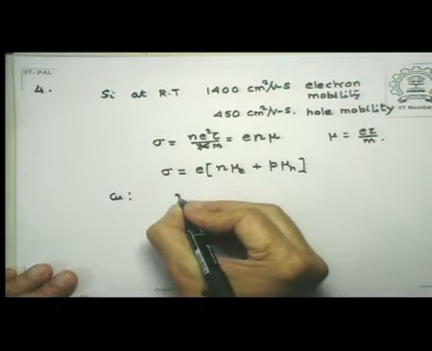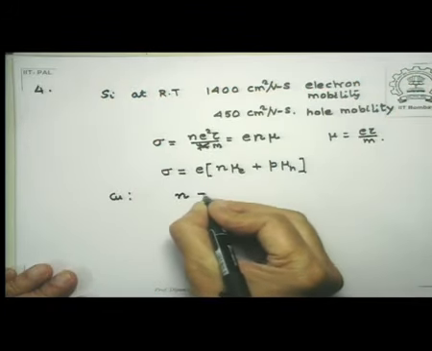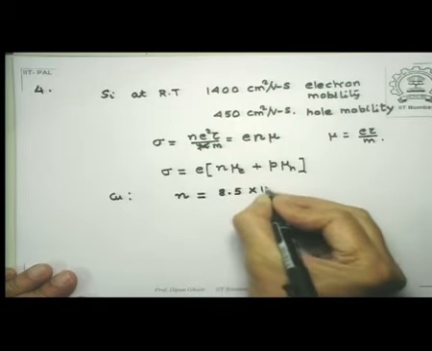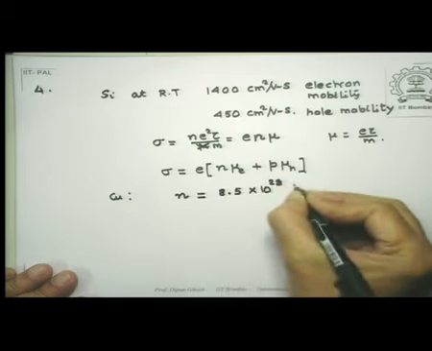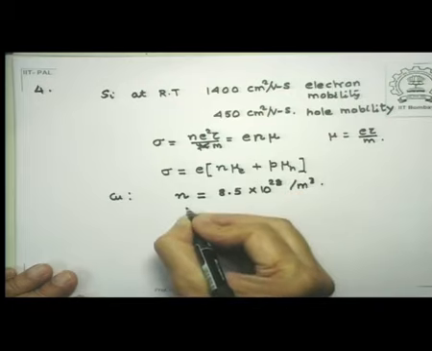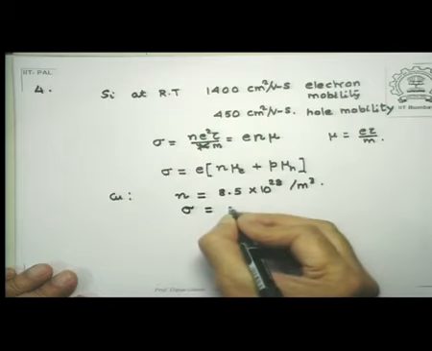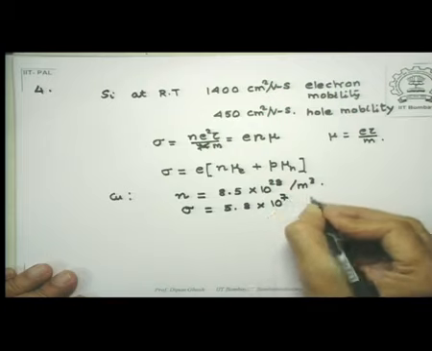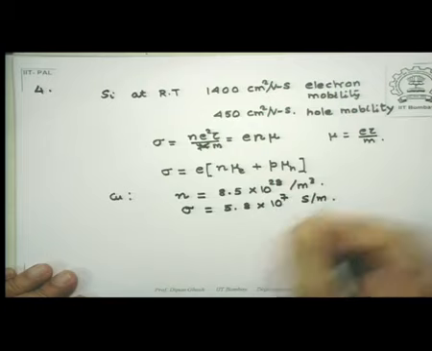So let's look at the copper, which we have been talking about. Remember, we calculated in one of the examples, the number density of copper was 8.5 into 10 to the power 28 per meter cube. And we had seen that sigma is 5.8 into 10 to the power 7 Siemens per meter.